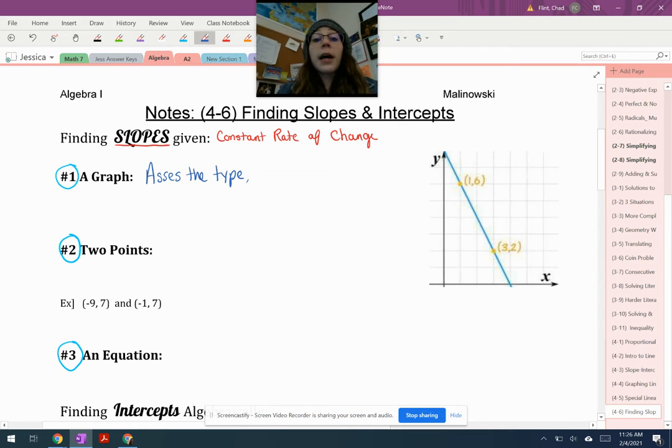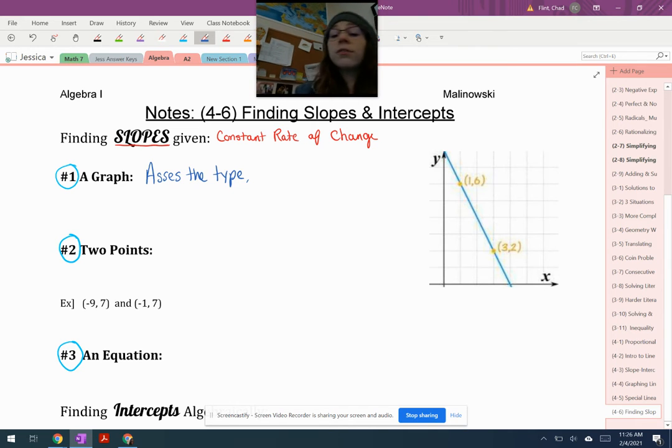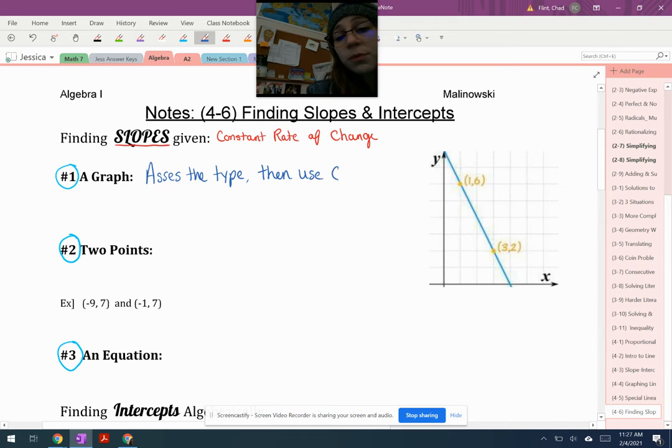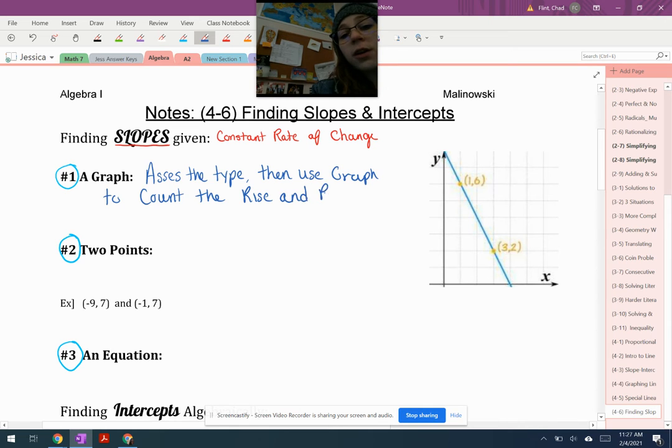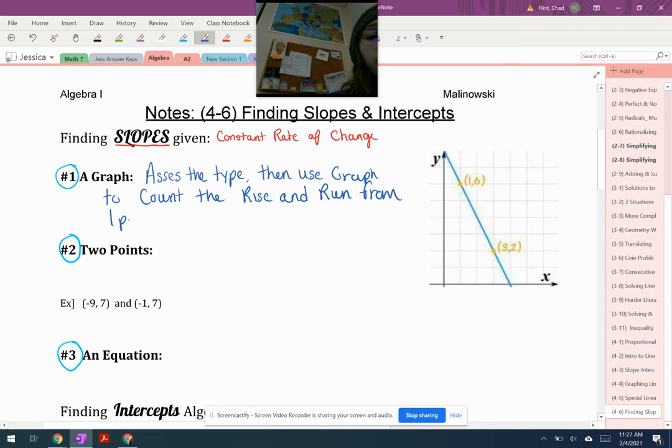If you're looking at a line, first determine: is it a positive, negative, zero slope, or an undefined slope? That's the first step. Then use the graph to count the rise and run from one point to the next.